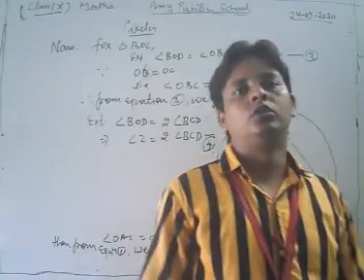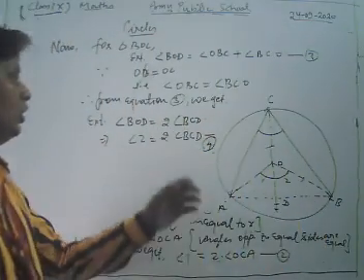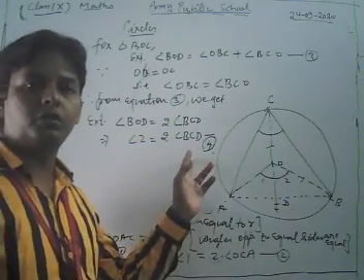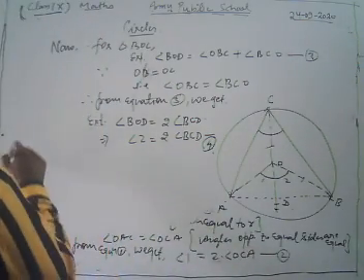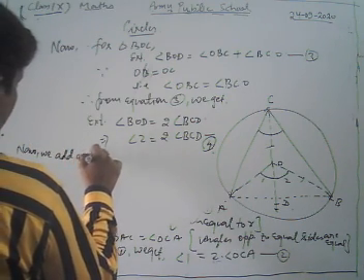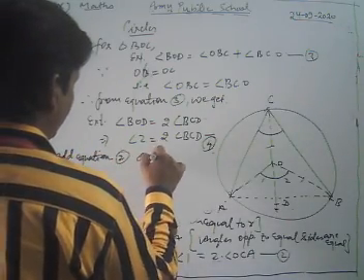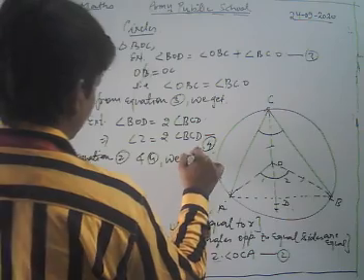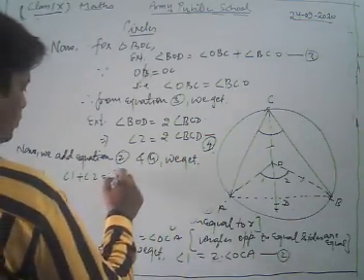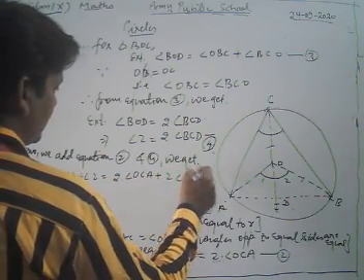Now, dear students, we add equation 2 and equation 4. We get angle 1 plus angle 2 is equal to 2 times angle OCA plus 2 times angle BCO.